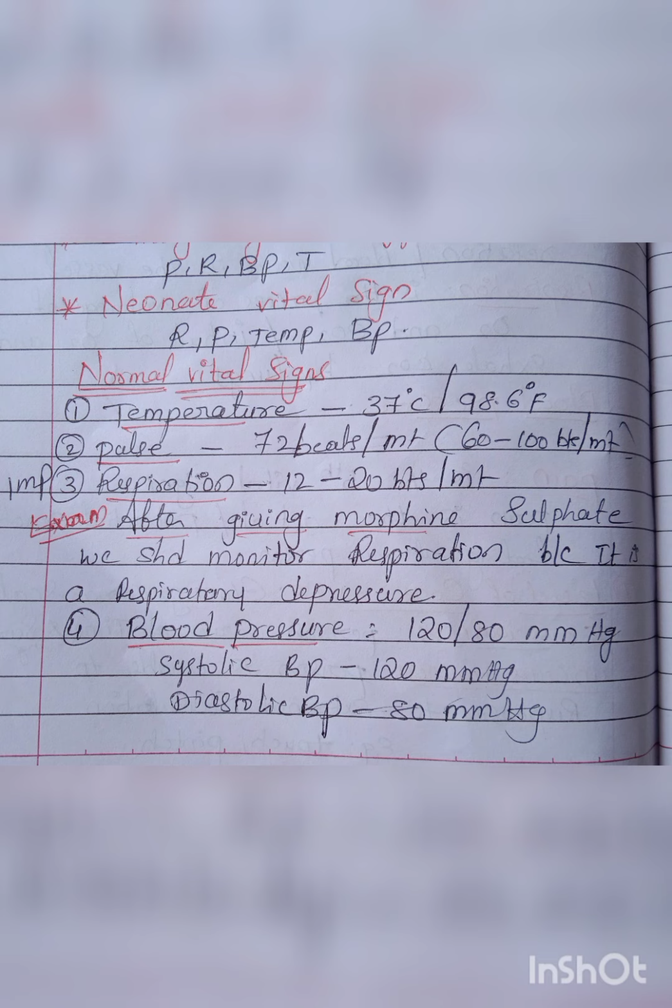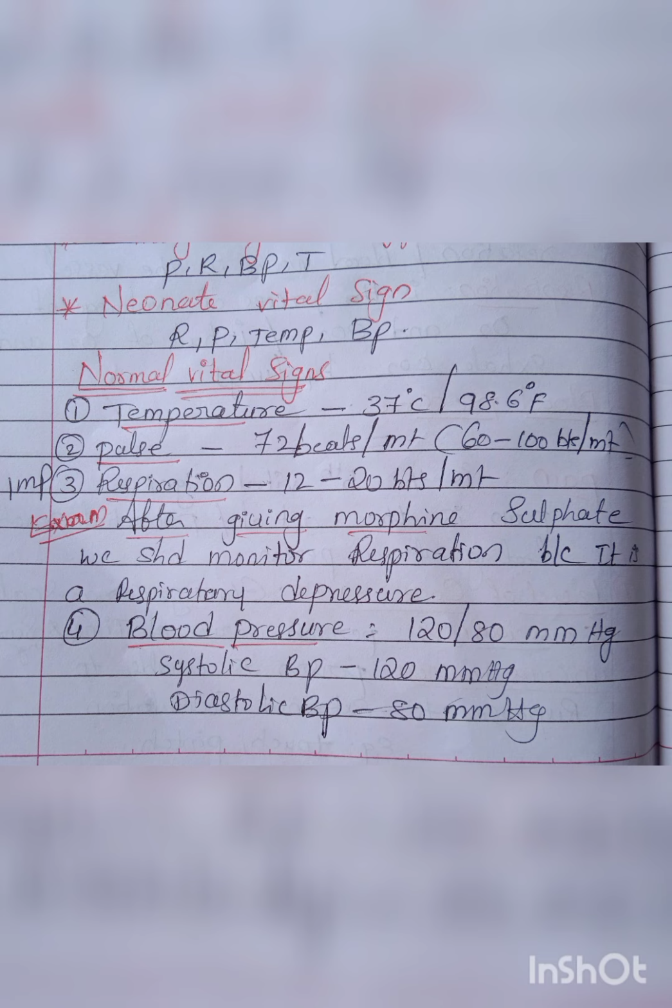So 12 to 20 is normal. Normal BP is 120 by 80 mmHg for a person, where systolic blood pressure is 120 mmHg and diastolic blood pressure is 80 mmHg. For the sake of competitive exams, again it is important.